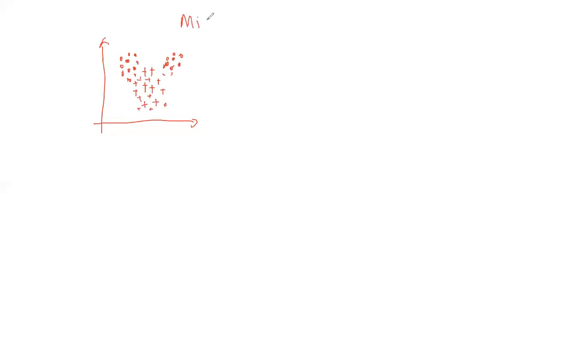This is like Mickey Mouse. Okay, so you have basically two types of classes, plus and the circle. If you use a decision tree, you can actually have a partition that separates all these groups of data very cleanly. The first partition you might actually cut somewhere around here.